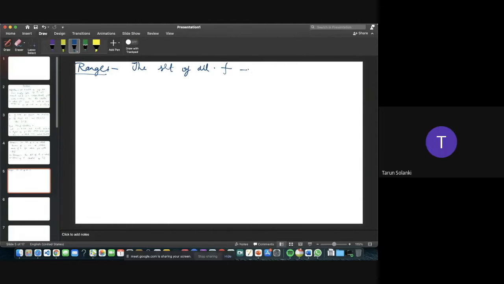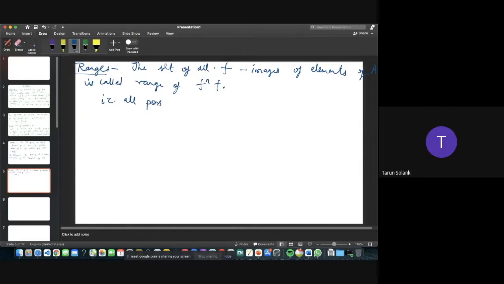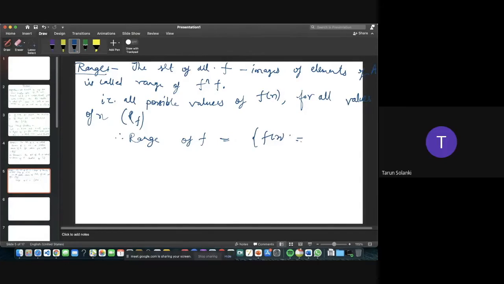The set of all f images of elements of A is called the range of function f, that is, all possible values of f(x) for all values of x, denoted by R of f. So the range of f is equal to {f(x) : x belongs to A}.